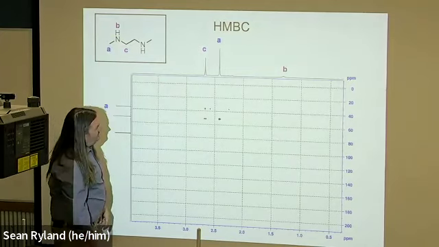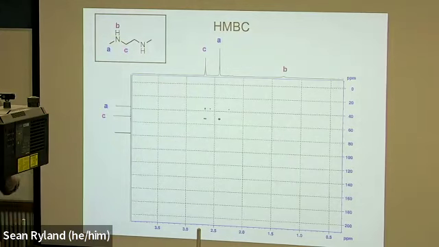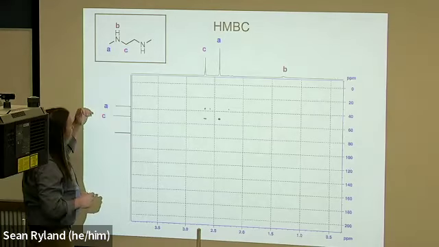Right, so the number of signals is going to tell you this. This one's really helpful for figuring out substitution on aromatics. Because if you got a proton on a benzene ring that has just 1 signal, that means the 2 carbons that it can reach must be symmetrical to each other. Right, so the number of signals winds up being useful.